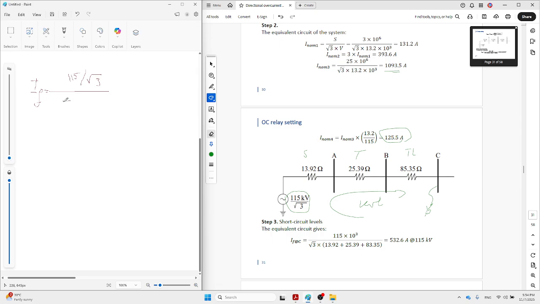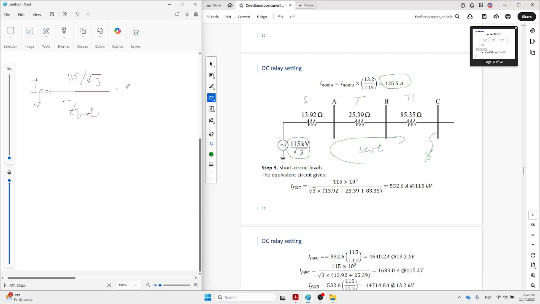The sigma means the total impedance. The fault current can be calculated as 532.6 amp. But this one is for 115 kilovolt. This value is the fault at C, correct?